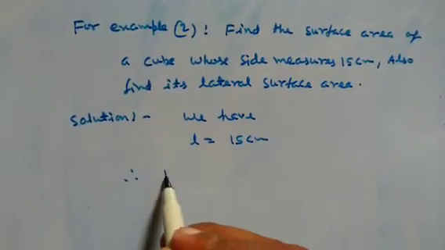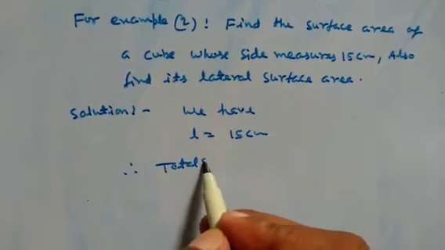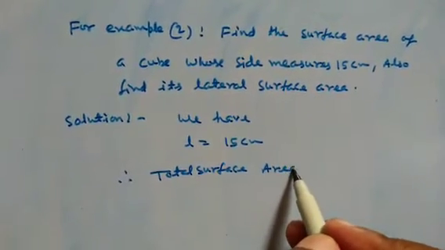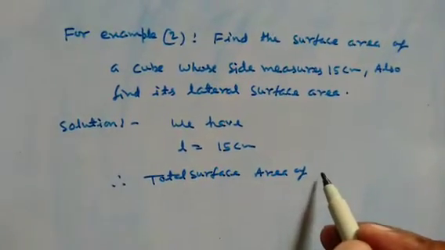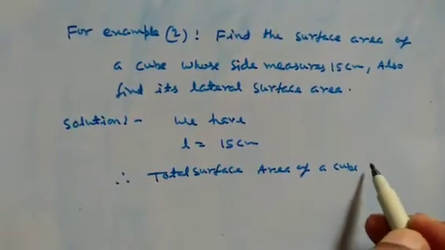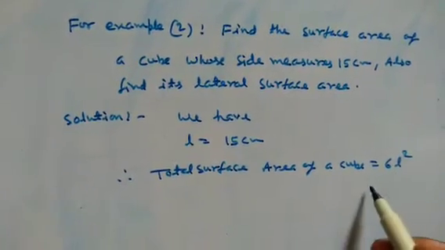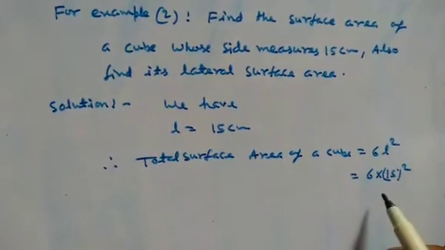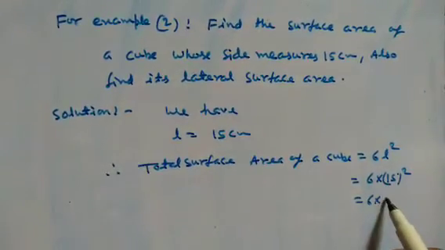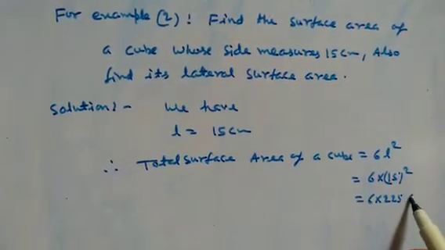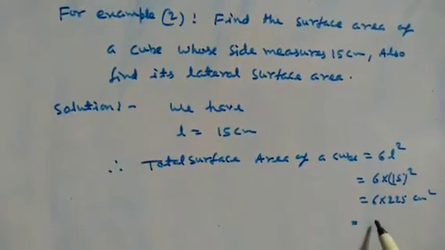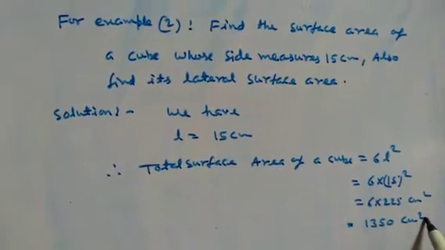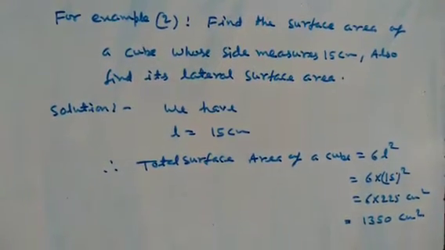So the total surface area of the cube is equal to 6L square, equal to 6 into 15 square, equal to 6 into 225 centimeter square, equal to 1350 centimeter square. This is our first answer.